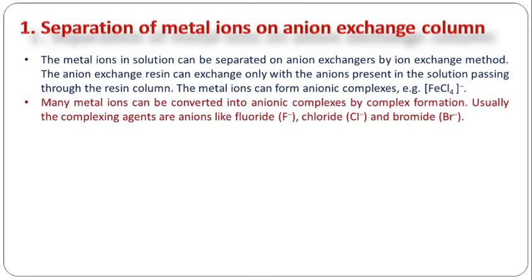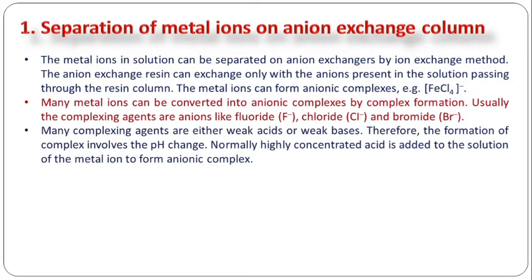Usually the complexing agents are anions like fluorides, chlorides or bromides. These anions can be used for the complex formation reaction, and these reagents are called complexing agents. Many complexing agents are either weak acids or weak bases. Therefore, the formation of the complex involves a pH change.